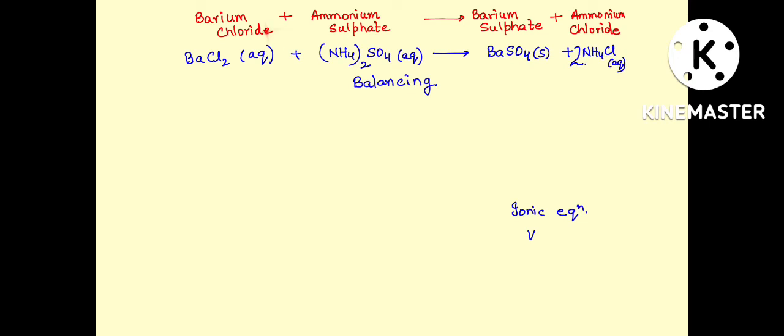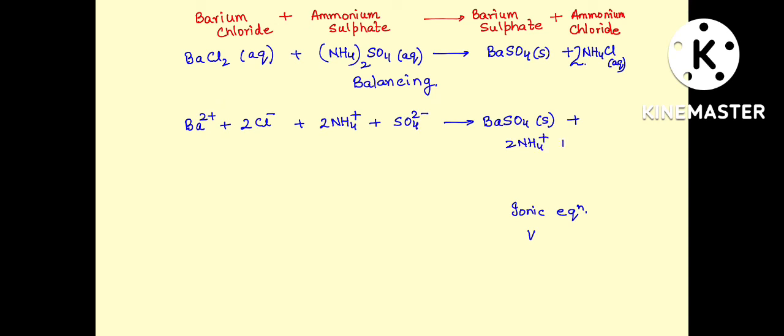You see, the salts which are in the aqueous form will have ions. So we will have Ba2 positive, 2Cl negative, plus 2NH4 positive, plus sulfate negative, gives me now barium sulfate. I know that it is existing in the form of a solid, so I am not going to write it in the form of ions. And then we write ammonium and chloride.